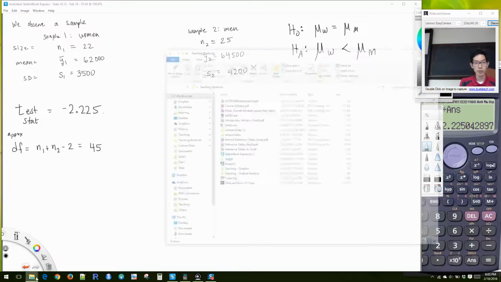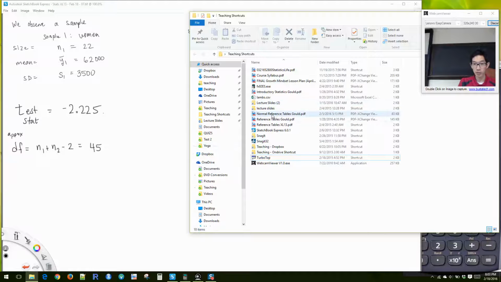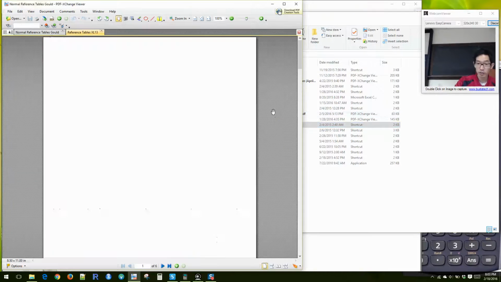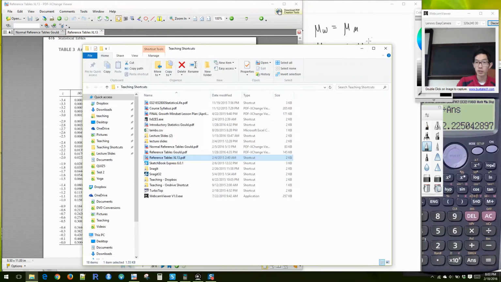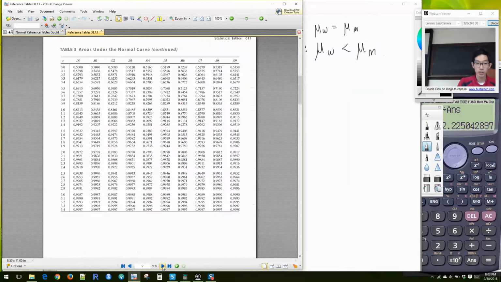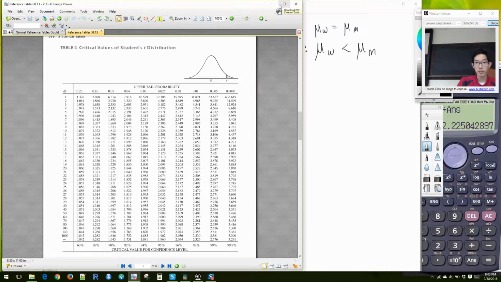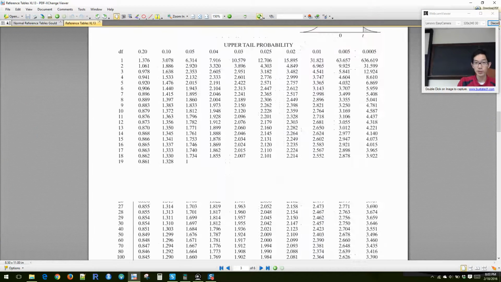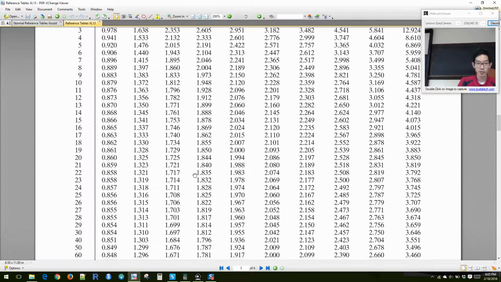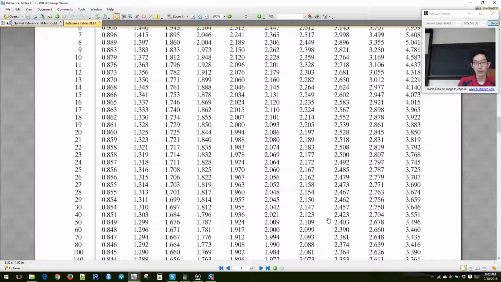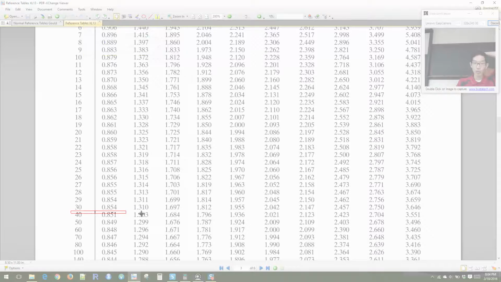And so to use the t-table, we go to the t-table, we look for 45 degrees of freedom. We don't see 45 degrees of freedom. If you can't find the exact number of degrees of freedom, you always round down, so I'm going to go to 40 degrees of freedom.